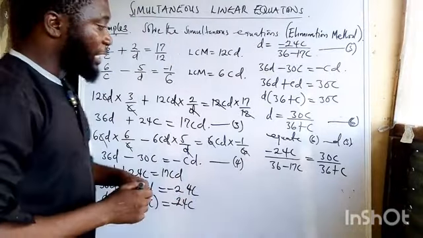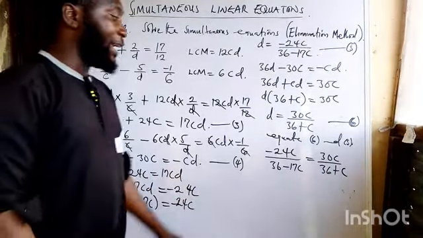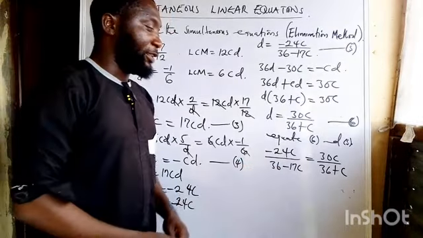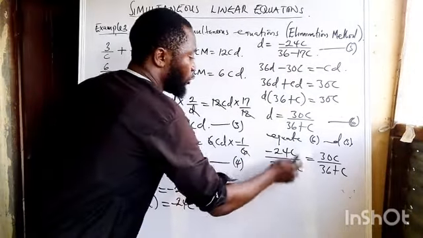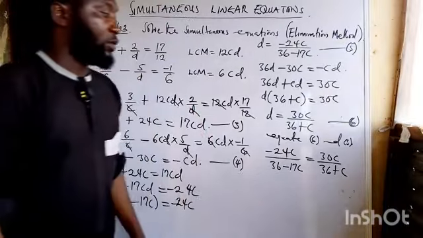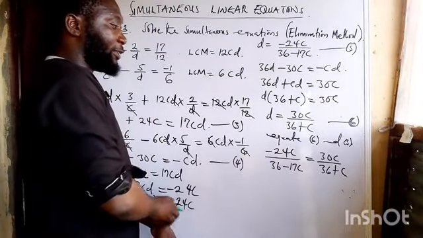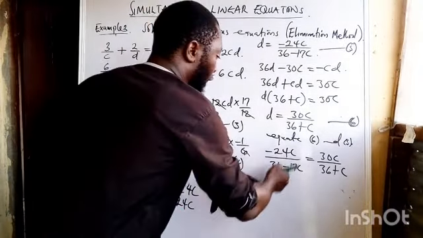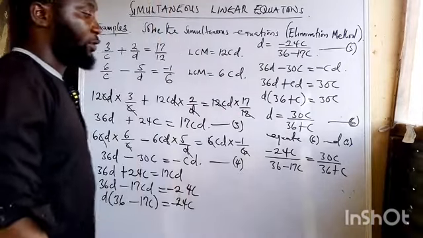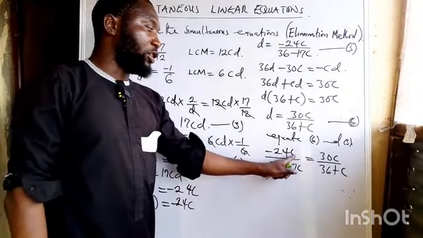Now from here, we can divide both sides of this equation by letter C. Once you divide both sides by C, this C is gone. The C in the numerator will cancel out.